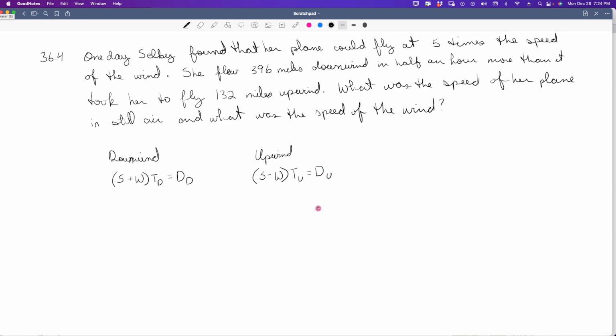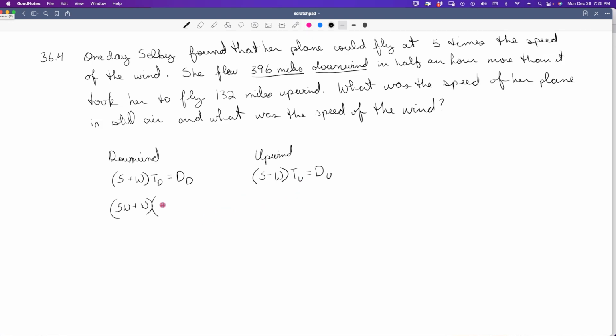Now we're going to substitute in the speed of her plane, which is 5 times the wind. So Selby's speed is 5 times the wind plus the wind, in parentheses. And her time, according to the second sentence, is that she flew 396 miles downwind, half an hour more than it took her to fly 132 miles upwind.